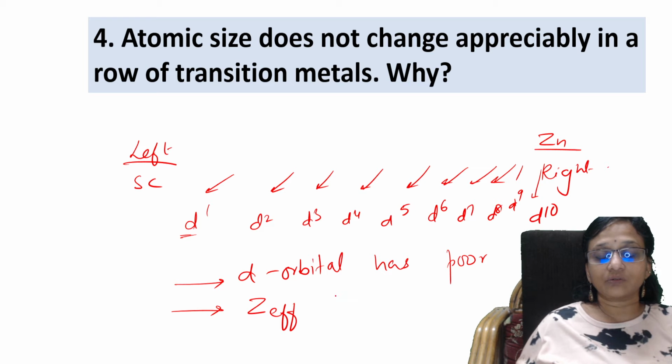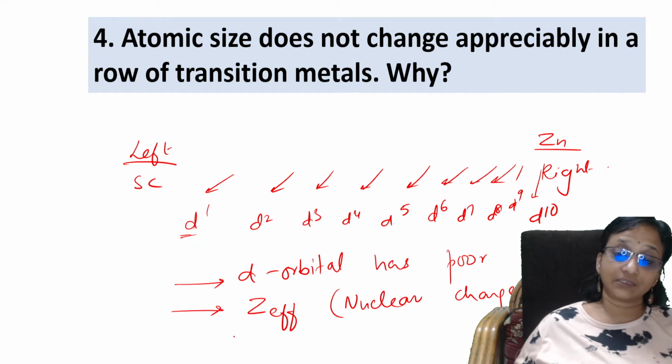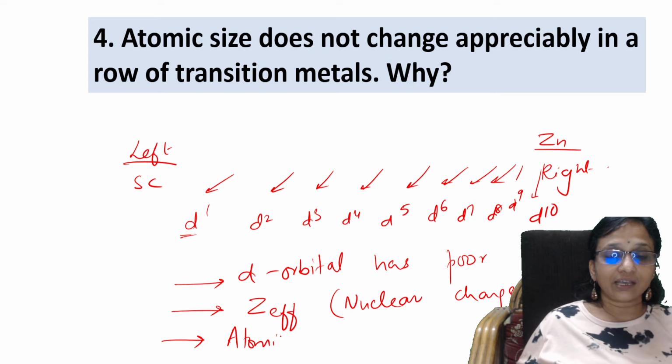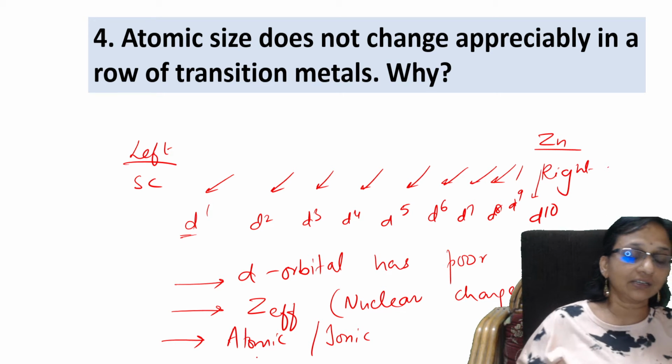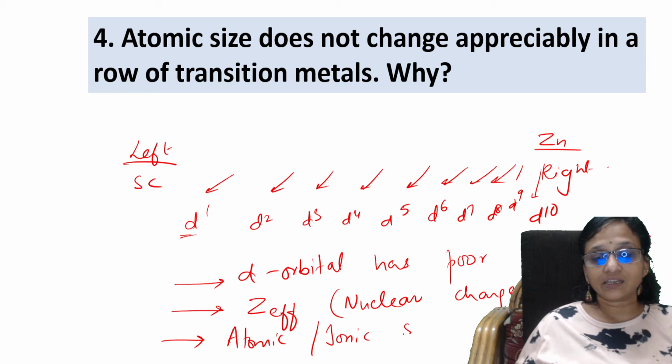Z effective. What is Z effective? It is nothing but nuclear charge. This nuclear charge starts increasing much. When it starts increasing much, what is going to happen, students? Atomic as well as ionic size. It pulls the electrons or the orbital inward. So atomic as well as ionic size remains the same.